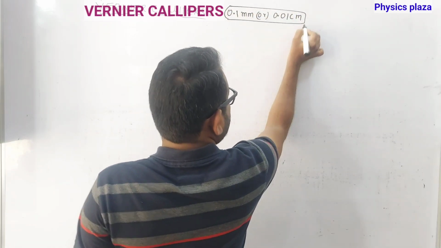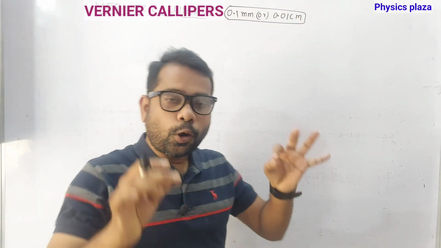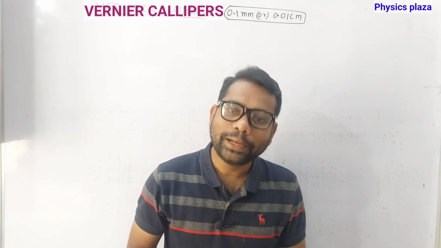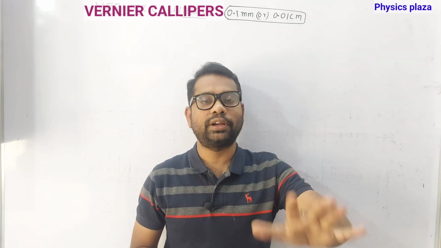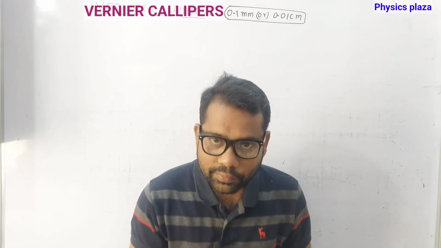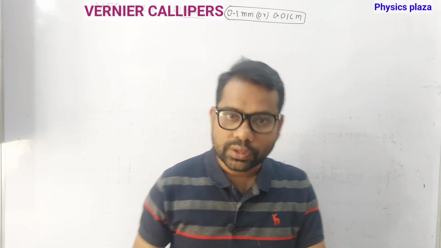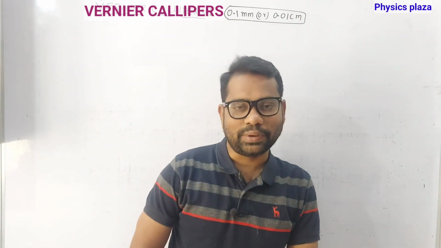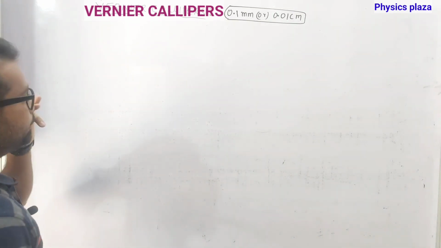This value is not the same for all vernier calipers; it can be different, and I'll tell you how. But in today's class, we are going to talk about only one particular vernier calipers whose least count is 0.1 millimeter or 0.01 centimeter.